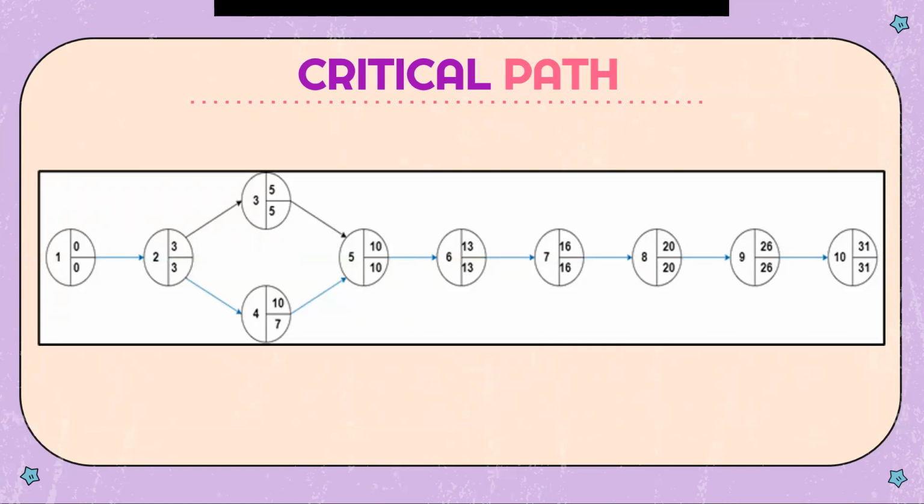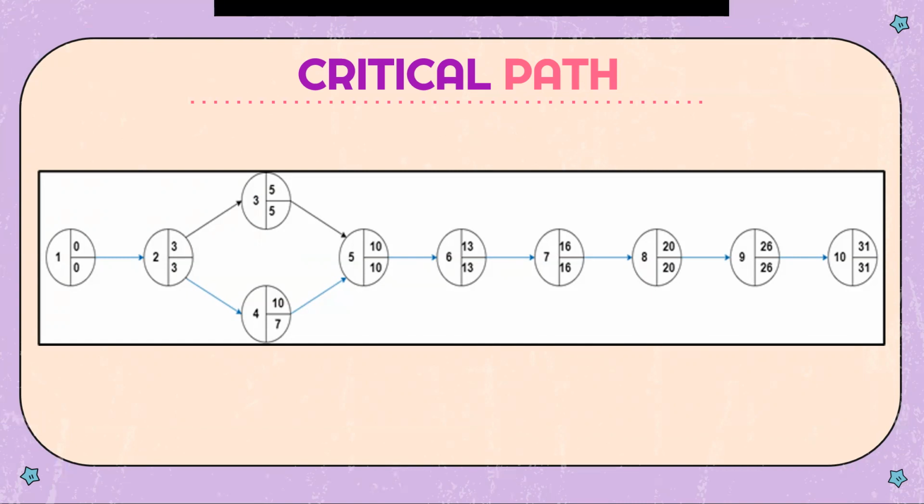The critical path shows ET and LT. ET is the earliest time that all activities starting at node I can start. And then LT is the latest time for the completion of all activities that end at node I.